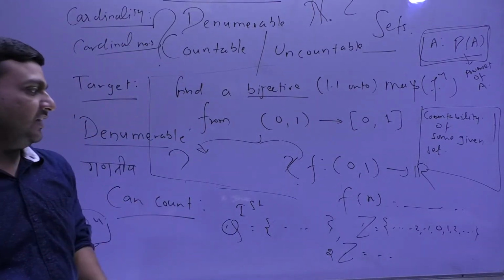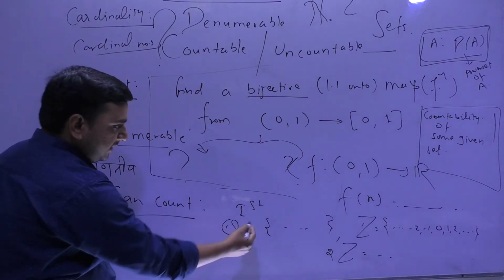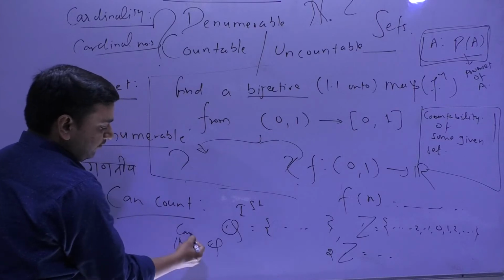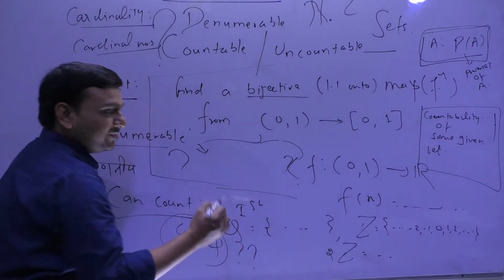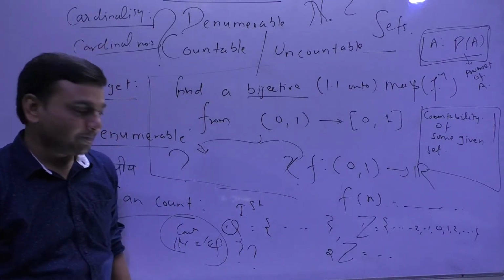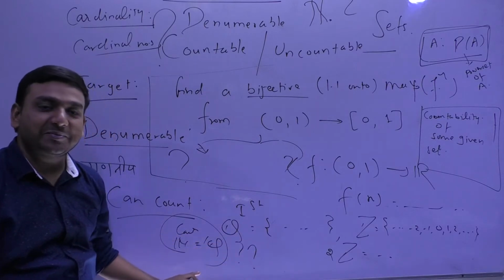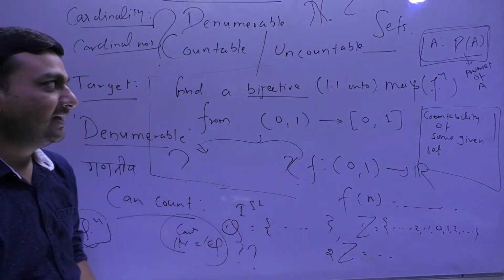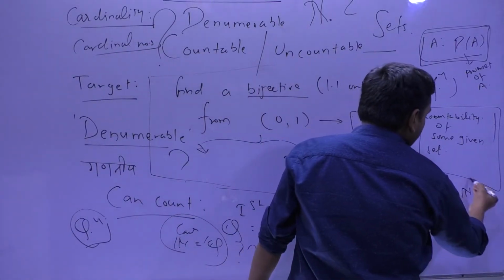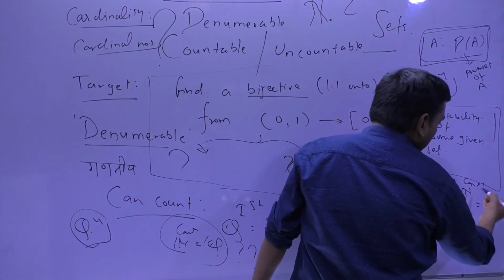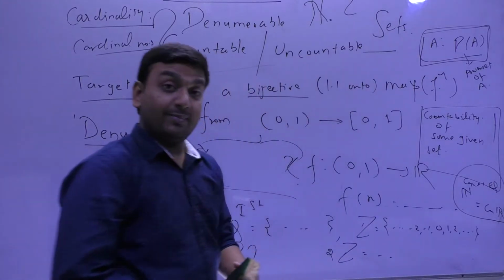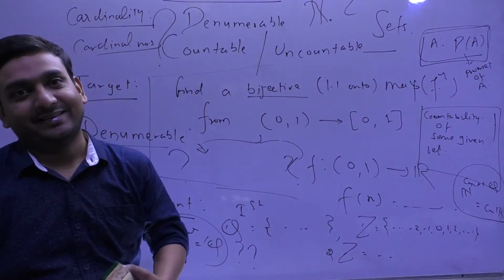The cardinality of the set of natural numbers and the cardinality of Z or the cardinality of Q is the same. That is our question for the lecture. Interesting, no? How can the cardinality of Q be the same as the cardinality of N? And one more interesting question is whether the cardinality of N or Q, and the cardinality of R, can be the same or not.